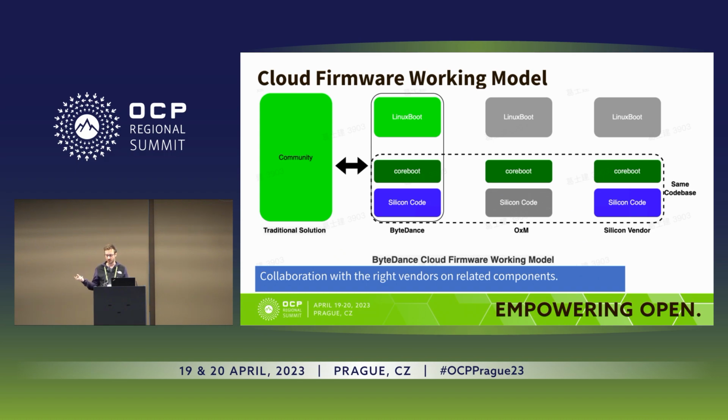The important thing here is that all of these different partners were sharing the same code base throughout the whole project. This way, they were able to move very, very fast.